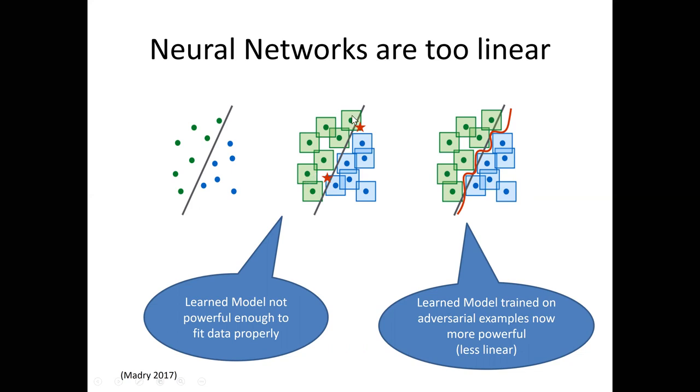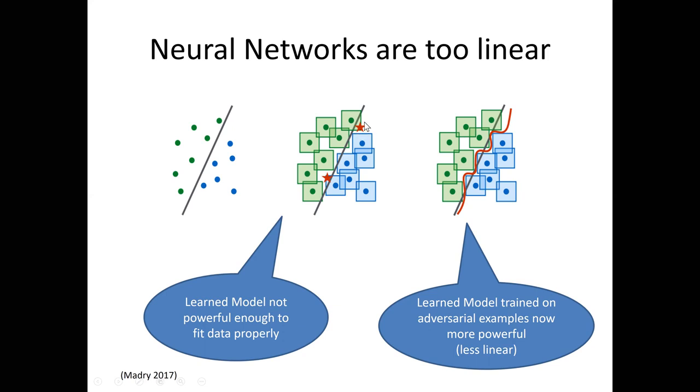Now, if you look at what happens in the middle here, we have a bunch of points. We still have these black points, the circles, but now we put some boundary around them, some boxes around each point, within which we believe the points should still classify the same way as the center of the square. What happens with just a linear classifier is that some points in the boxes should classify as the center of the box, but because the classifier is linear, it is not able to obtain the right decision boundary.